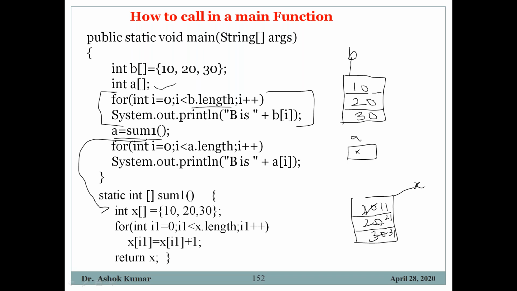After the completion of this loop, the value of x will be returned back here, and this x will be assigned to A. That means x will start referring to this object. Here is the array, and now A will start referring to it.